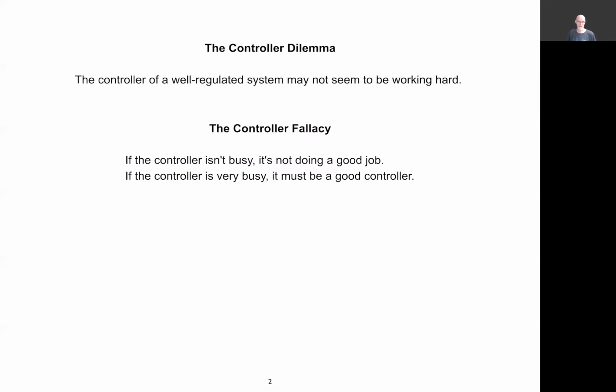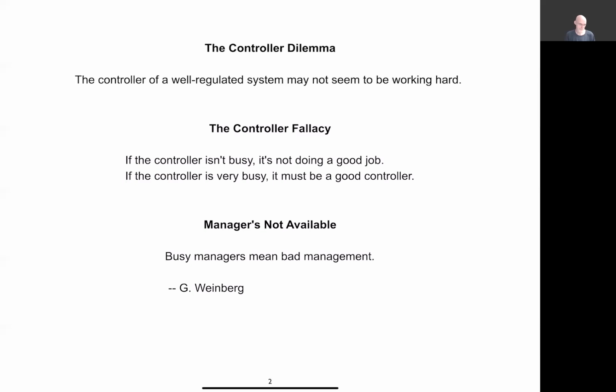The controller fallacy is: if the controller or the manager isn't busy, then they're not doing a good job, and if the controller is very busy, they must be a good controller. Both are fallacies. The shorter version: busy managers mean bad management.